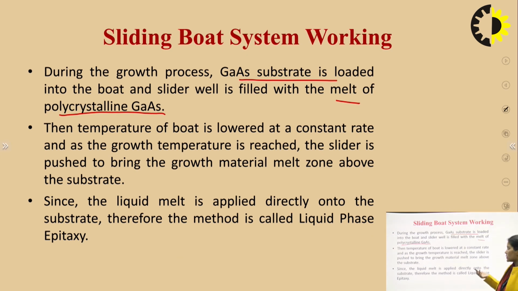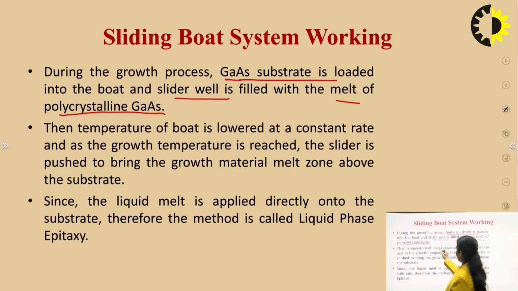So in this case, let's take an example where a gallium arsenide substrate is taken, and since the substrate has to be loaded into the board system, it is loaded into the groove, and the slider well is filled with the melt of polycrystalline gallium arsenide. So the polycrystalline gallium arsenide melt is filled into the wells, we can say.